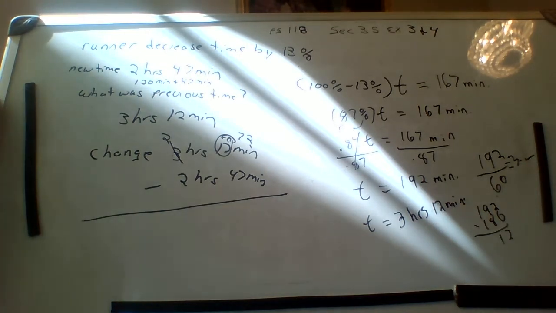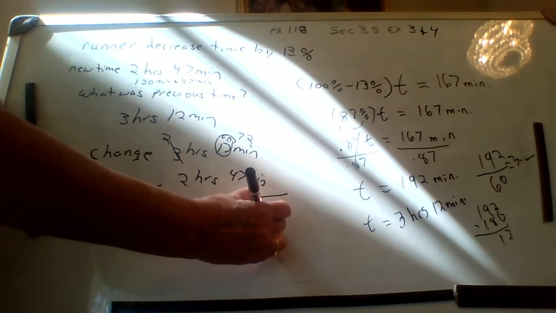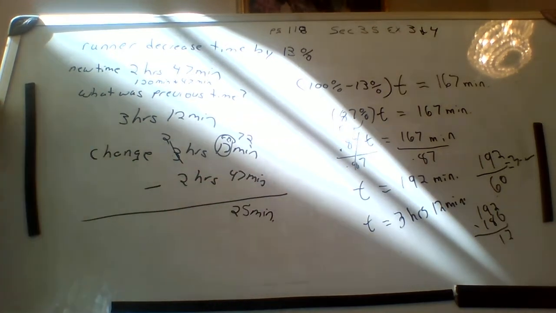And they're not asking you the change, but I just want you to realize that they could have asked you the change now that you had found out the other information. All right, so when you subtract that, I would say for a runner, that's pretty good.